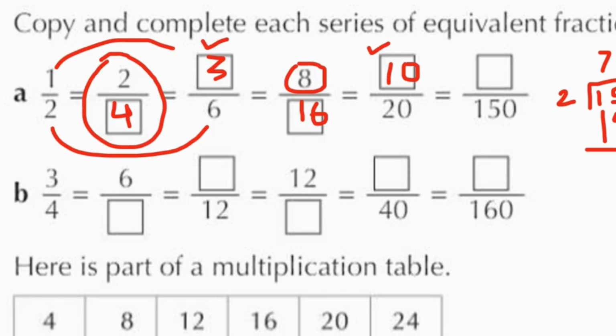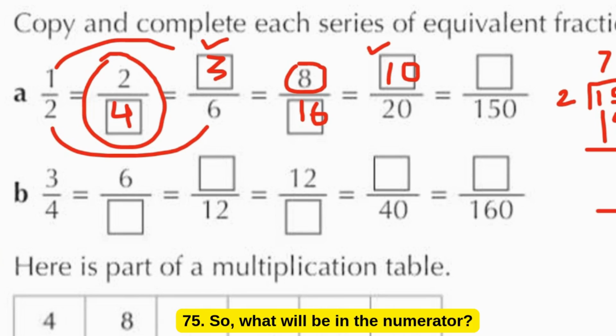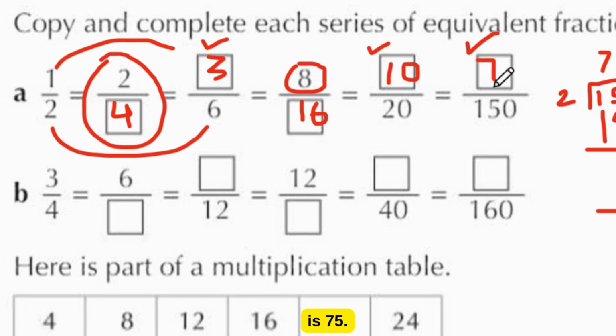Is it 75? Very good. It means 2 times 75 equals 150, right? Yes, 75. So what will be in the numerator? It would be 75 because 1 times 75 is 75.